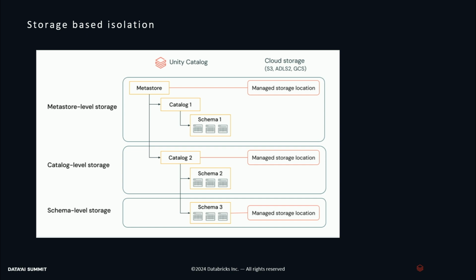But this particular data isolation technique is actually one of the most important techniques, I would say, because if multiple teams have to coexist under the same metastore, then this comes really handy. So at Comcast, we don't allow any kind of data storage at the metastore level. It's mandatory that every individual catalog that gets created has its own dedicated S3 storage.